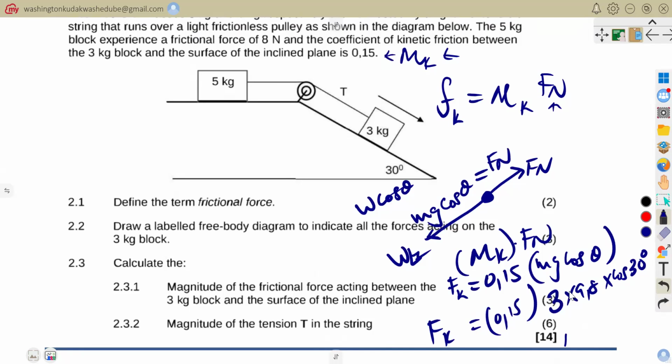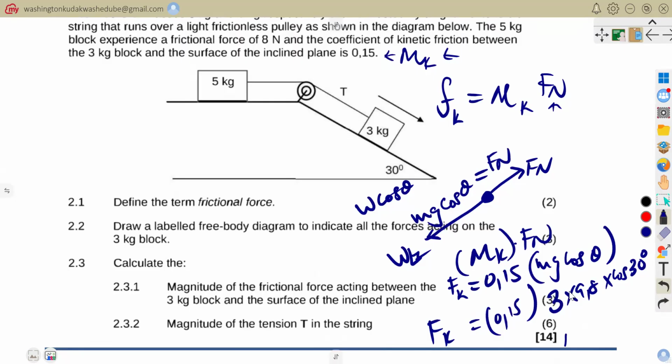So by calculation, you say 0.15 times 3 times 9.8 cos 30.